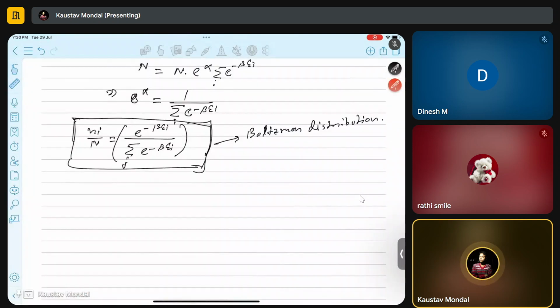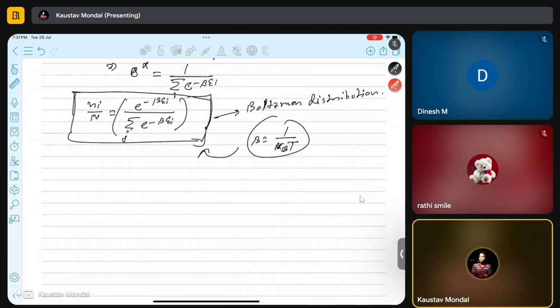In the later stage of the course, it can be proved that beta is nothing but 1 by kB T. If you plug this into the Boltzmann distribution, you can see how the distribution depends on the temperature of the system. That's why in every problem the temperature is specified, because if you change the temperature, the distribution will also change. So the temperature is always very important in this kind of system.